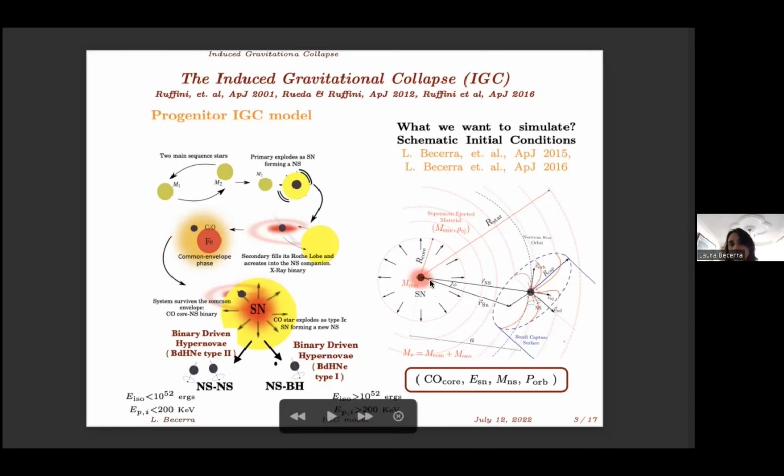So we're going to evaluate the effect of the progenitors of the carbon-oxygen cores, the energy of the supernova, the initial mass of the neutron star companion, and the orbital period of the initial binary.